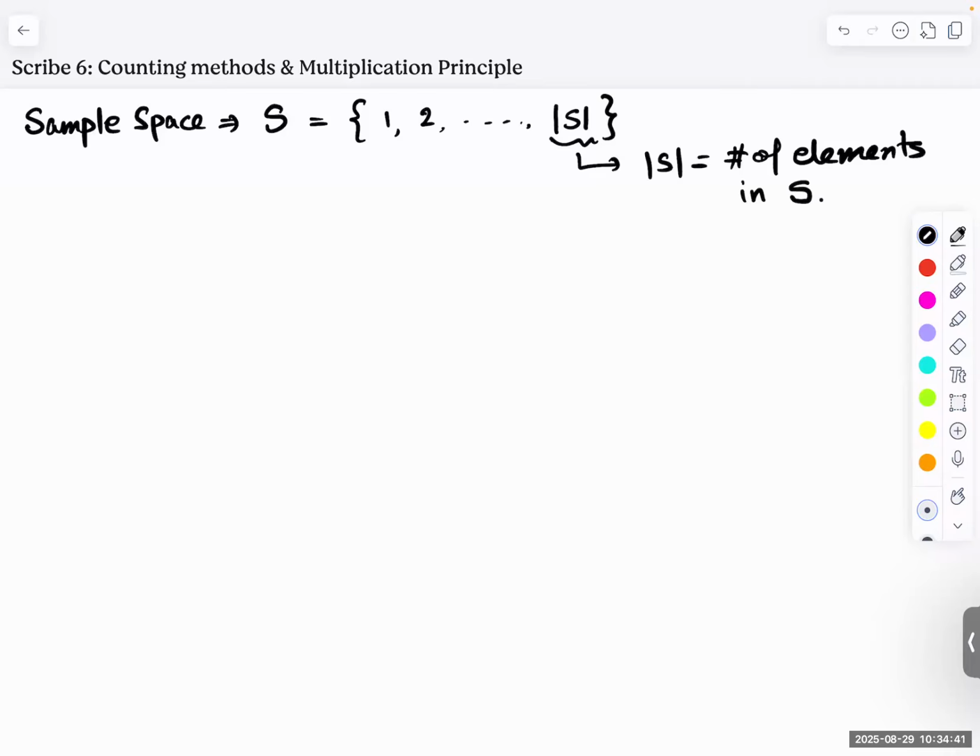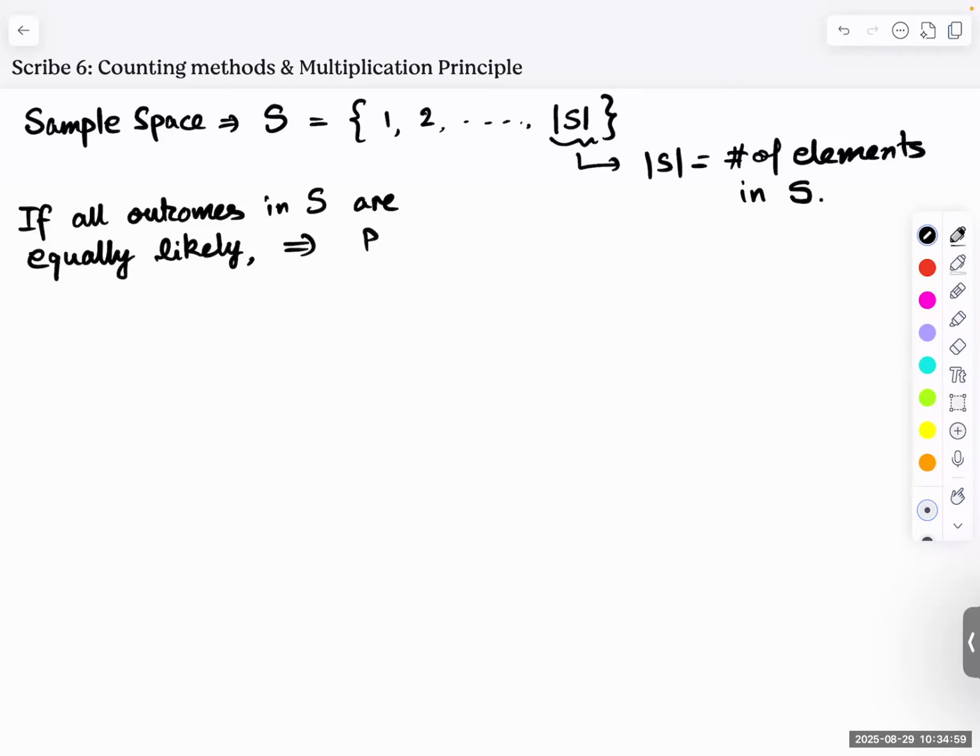Now, if all the outcomes in S are equally likely, then this means that the probability of any outcome, say outcome number i, is 1 by the size of the sample space, right?